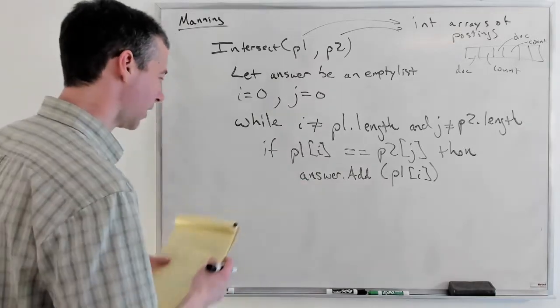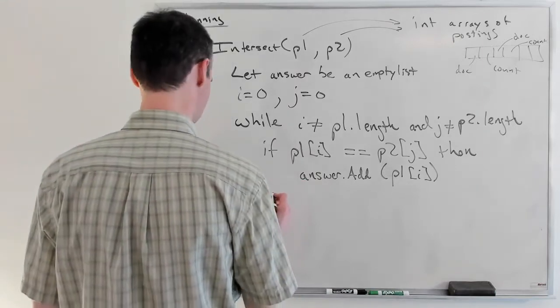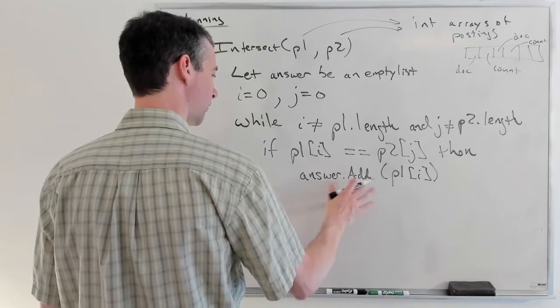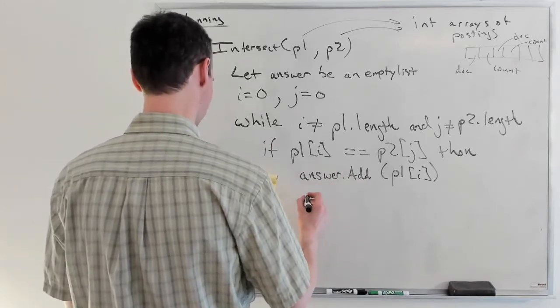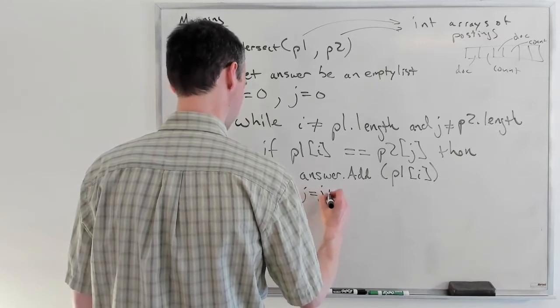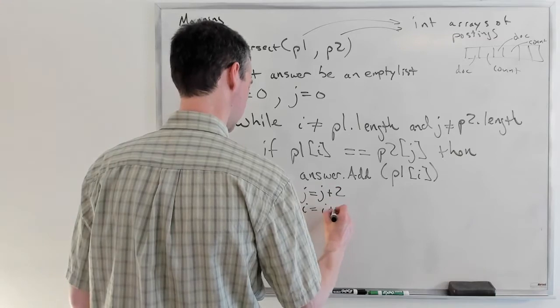That would solve that. All right. Then now that we found it, we need to advance both of those indexes. So j is equal to j plus 2, i is equal to i plus 2.